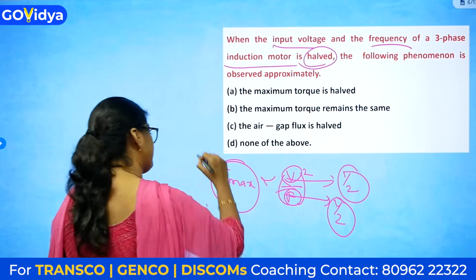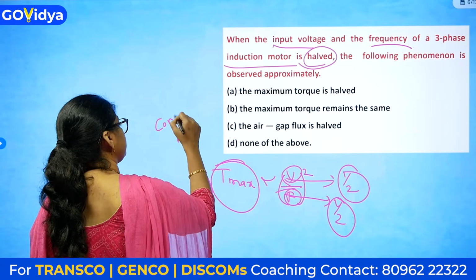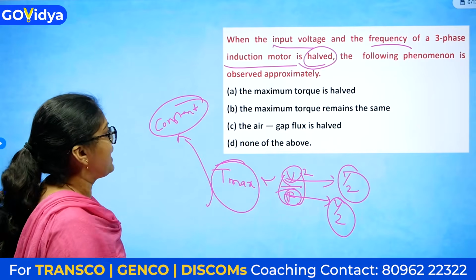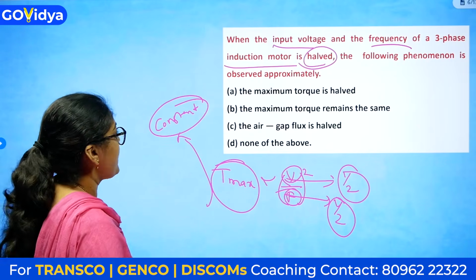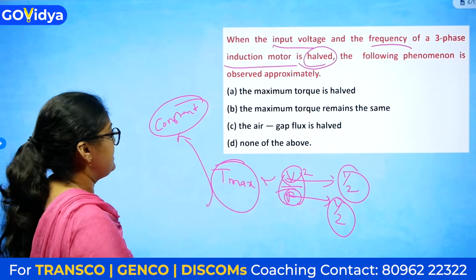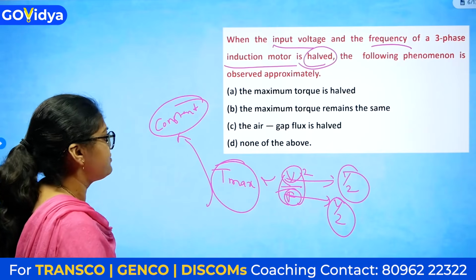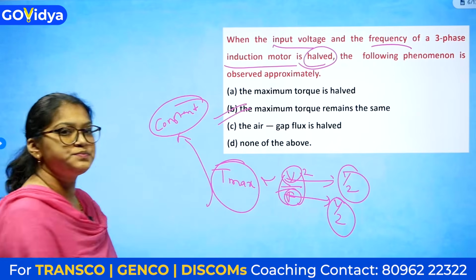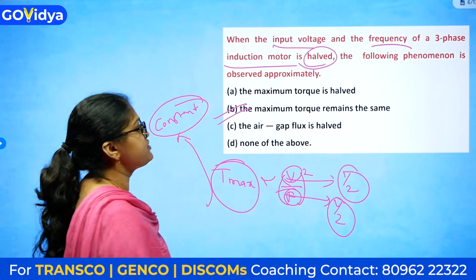So definitely the T max will be constant. So option A, the maximum torque is halved. No. The maximum torque remains the same. Yes. That air gap flux is halved. No. The answer is the maximum torque remains the same. So clear? So let's move to the next question.